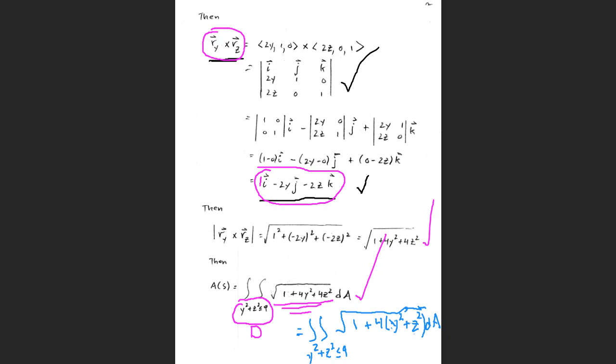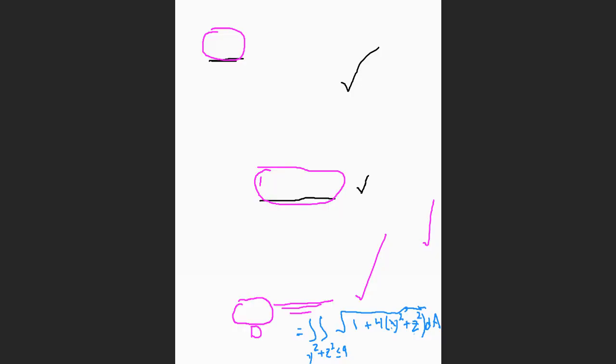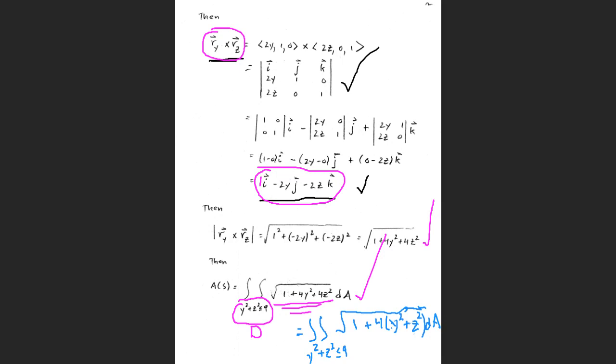So if we're going to use polar coordinates, for polar, I agree with Lexi, we're going to have y equals r cosine theta and z equals r sine of theta. Okay, that's what we're going to have.